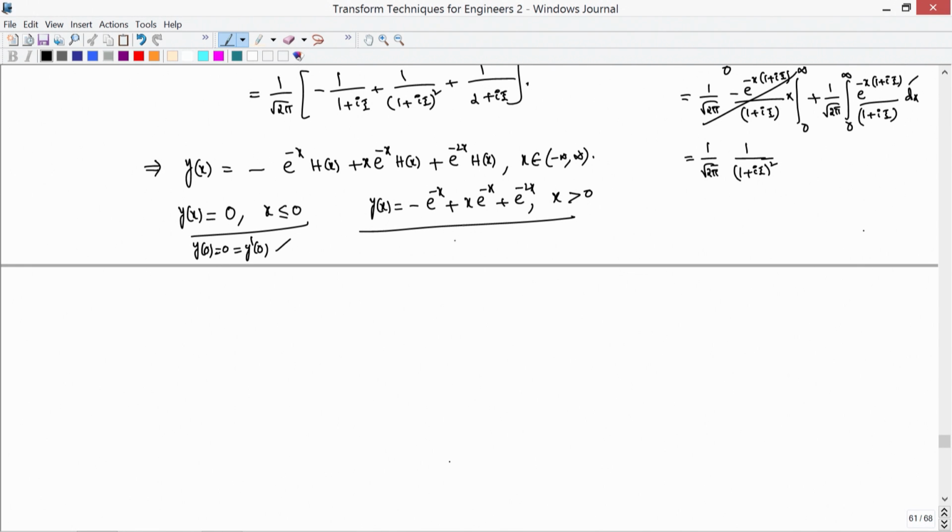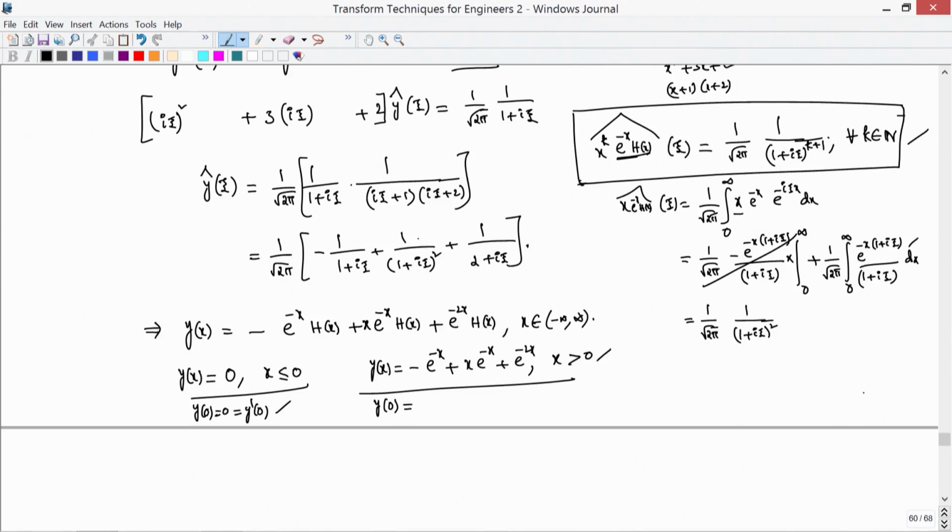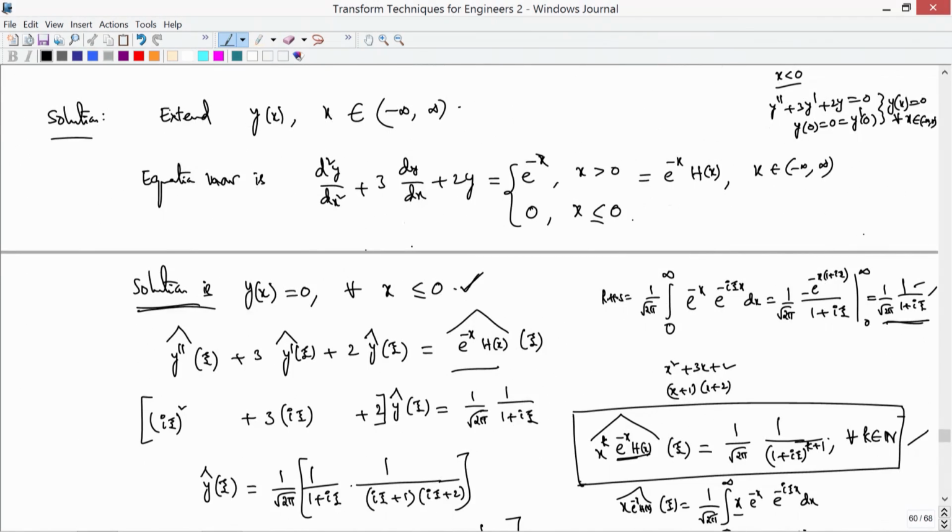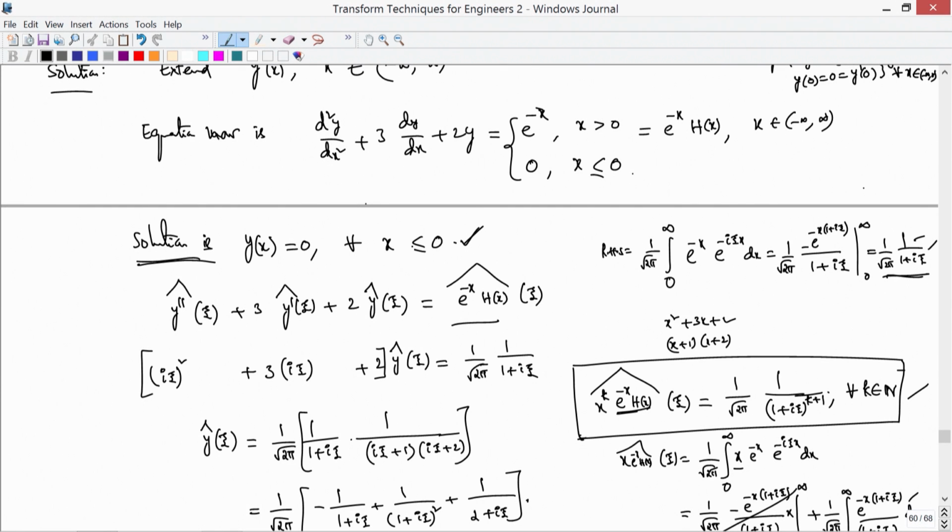Now let us see whether it is continuous or not. y of 0 is actually equal to... as you see, this is the differential equation, so what you are looking for is the solution y that has derivatives. Okay. The right hand side is forcing both the x positive and x negative side.